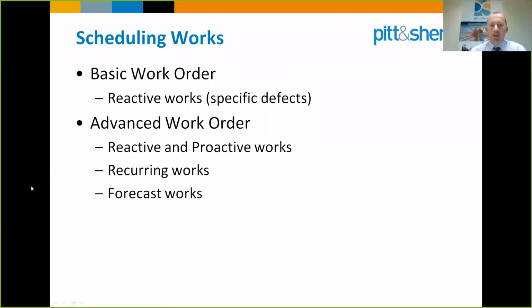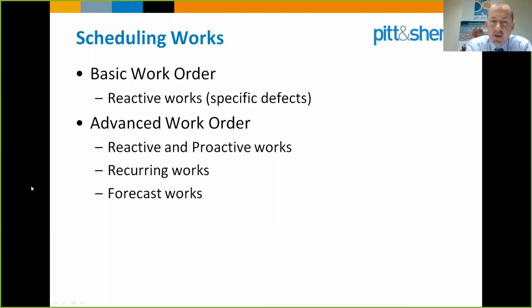There's two ways of scheduling works in the system. One via a basic work order and one via an advanced work order. So the basic work order is more about doing reactive works, finding existing defects and putting them onto a work order to be treated.